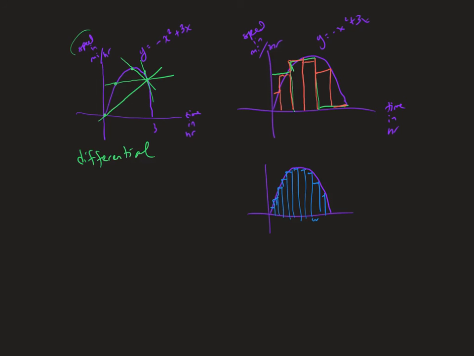This branch, finding the areas, is called integral calculus. And these two branches are the ones we're going to study in AP Calculus AB. The thing that we're going to need to unite these two, and the very first thing we're going to talk about, is something called a limit. And I'm going to let someone else introduce what a limit is to you.